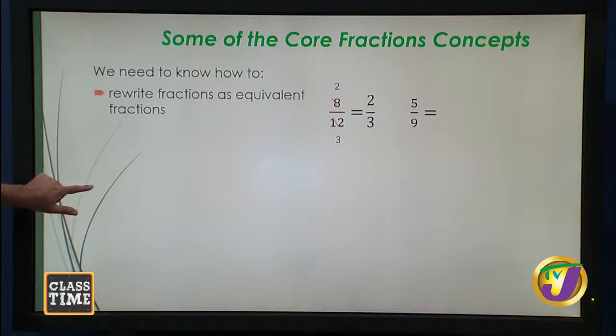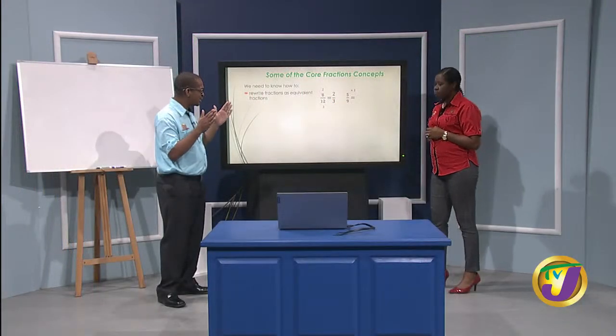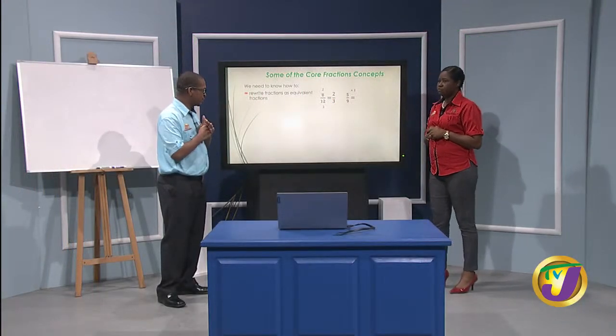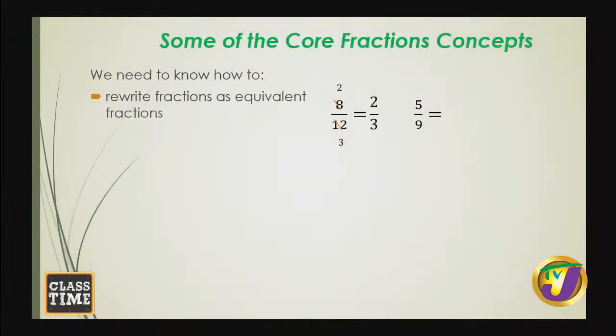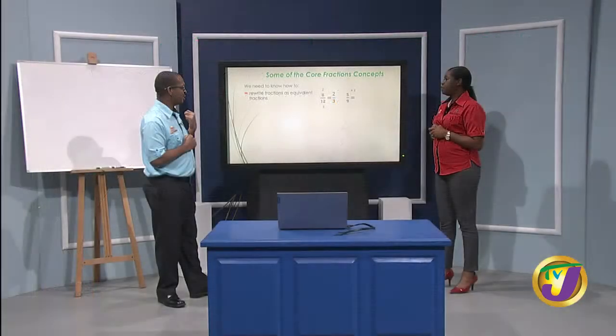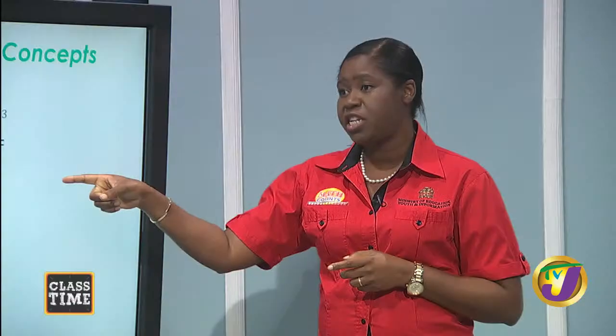All right, let's see what would happen if we wanted to express this as an equivalent fraction with the numerator being 15. If I want the numerator to be bigger and I want it to be 15, I would have to multiply that numerator by 3. But Nikisha, if I multiply the numerator by 3, you'd have to do the same thing to the denominator.